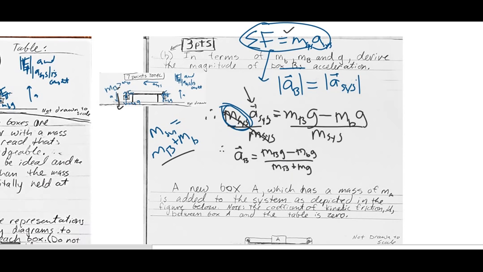So the way the points work on this: for applying Newton's second law to the entire system, mass times acceleration and the net force, big minus little, you get a point.